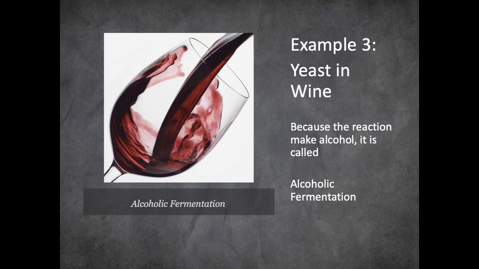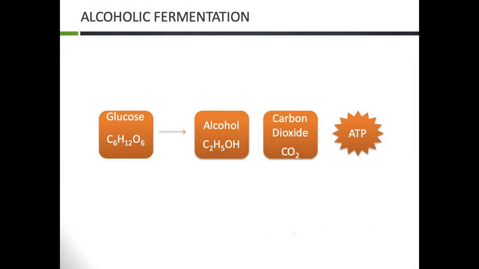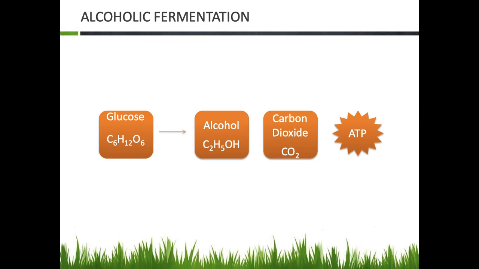Yeast found on the grapes is also able to make wine, and this is also called alcoholic fermentation. The yeast eats the sugar in the grapes and makes the alcohol. If you haven't done so already, copy down the alcoholic fermentation equation.